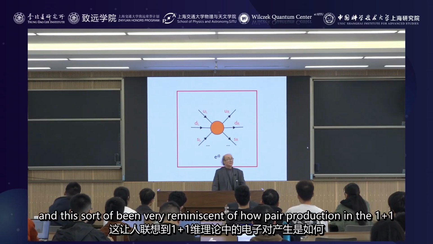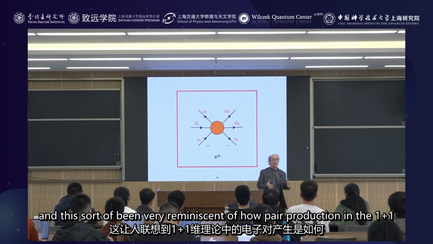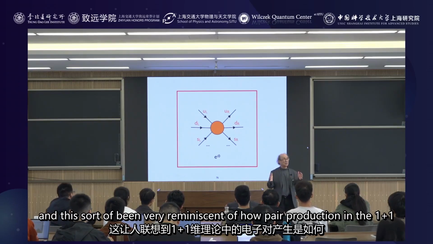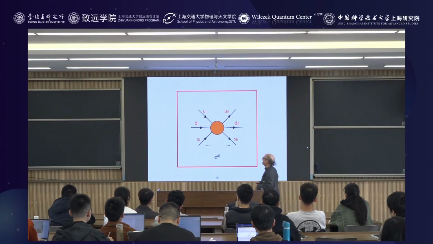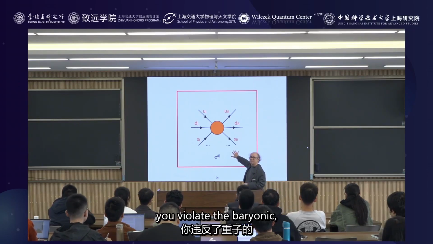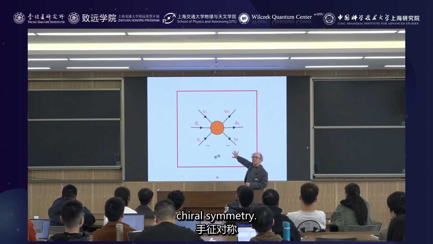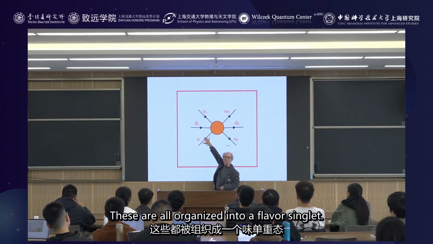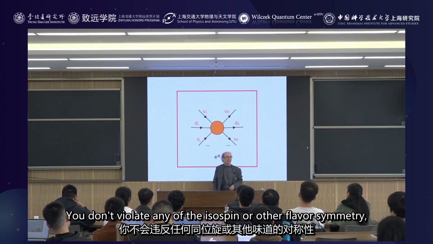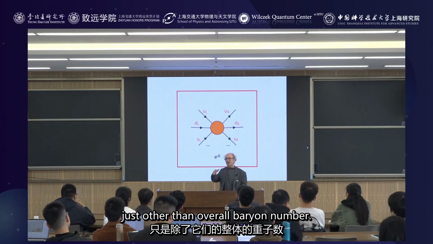And this is very reminiscent of how pair production in the 1+1 dimensional theory violates chiral symmetry. In that case, you violate the baryonic chiral symmetry. These are all organized into a flavor singlet, so you don't violate any of the isospin or other flavor symmetries, other than overall baryon number.